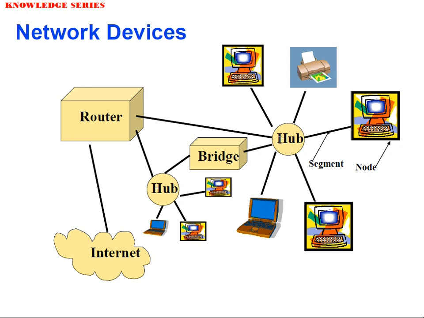A hub is basically a physical layer device that allows connecting multiple devices in a network. Here you can see a segment where the hub and the terminal are connected, and these are the nodes where printers, laptops and systems are connected together. Altogether, network devices play a major role in connecting the various devices.